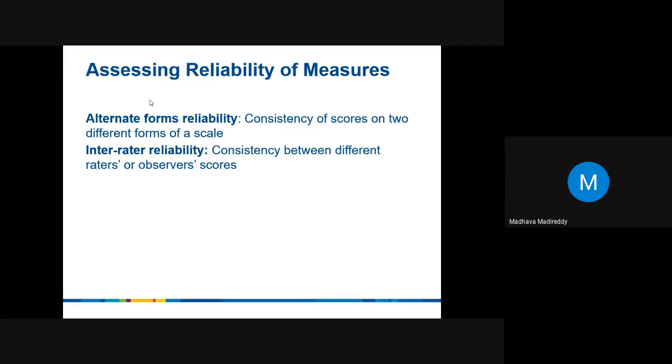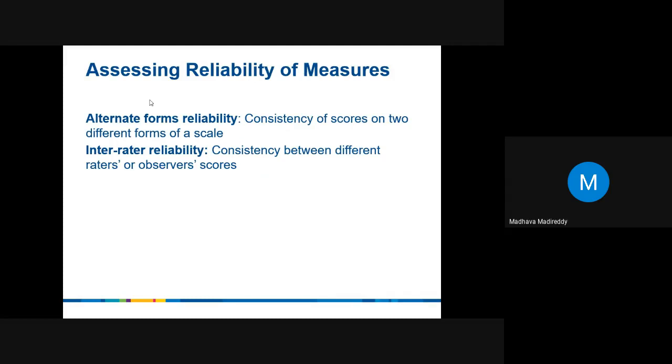And let us say you are the observer and somebody is doing the rating, so there has to be consistency between the different raters and observer scores as well. Otherwise we cannot say that our measurement technique or measurement equipment, whatever you are using to measure, is fully reliable.